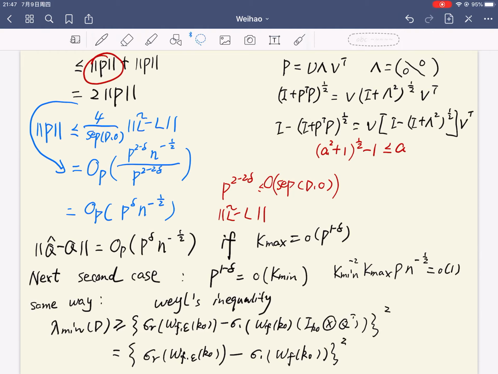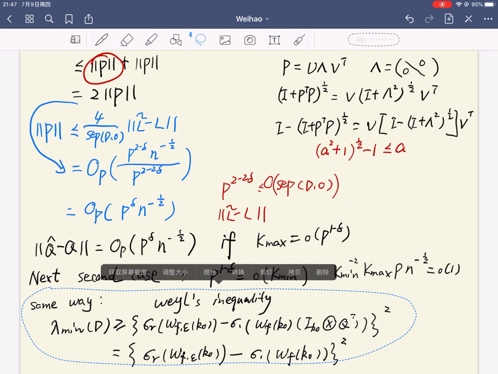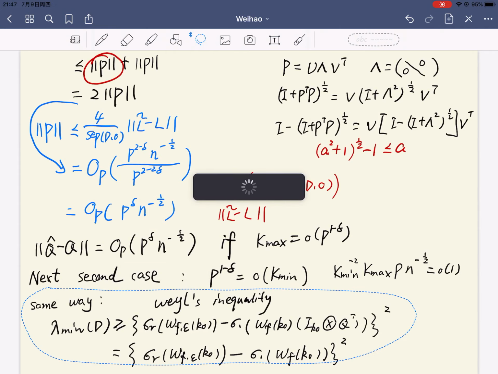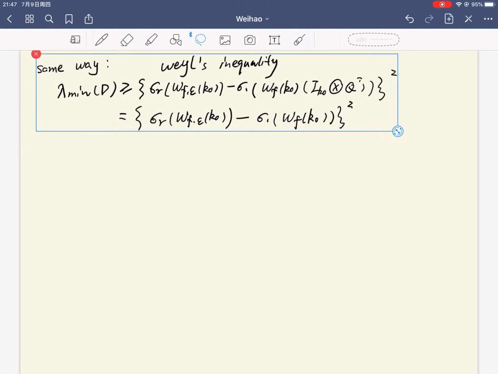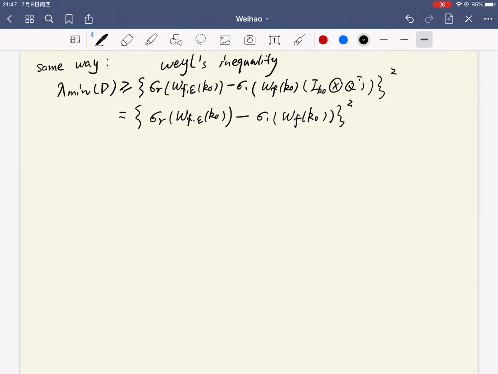let's copy this to the next page. For the first term, with a similar argument, we got this.